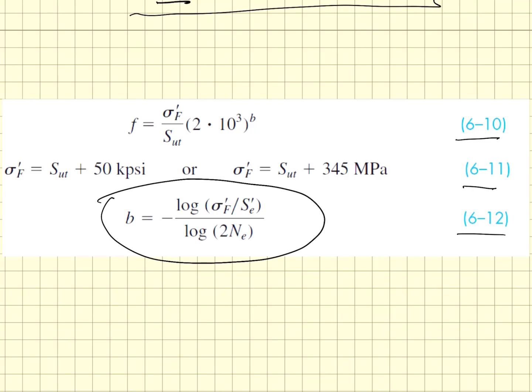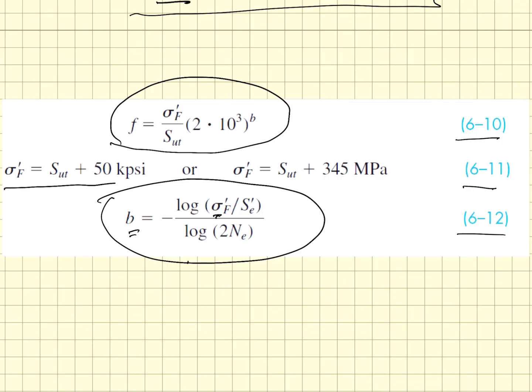It says that B is equal to minus the log base 10 of sigma F prime divided by the estimate of the endurance strength, SE prime, all of that divided by the logarithm of twice the endurance number of cycles to failure. Once we have that, we go back up to this equation and we solve for F. So we can find B if we can estimate sigma F prime.